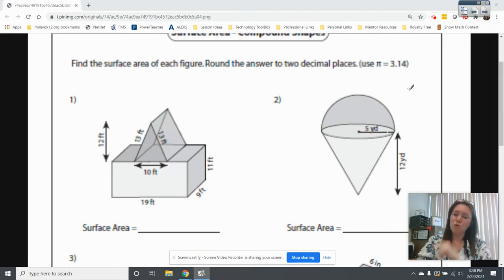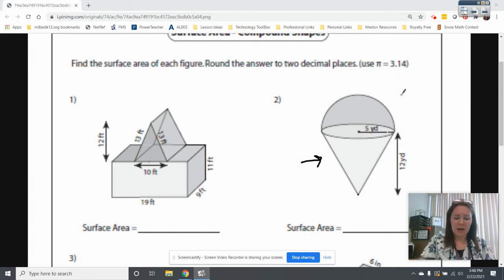So let's start with the cone part down here. Find the area of the base, which is this circle. Now remember, base doesn't always mean bottom, right? Because the bottom here is a point. There's no area to find there. But the base in this case is this circle. It's just upside down. So we have to find the area of the circle. We do pi times the radius squared. We're going to use 3.14, just like it says here.